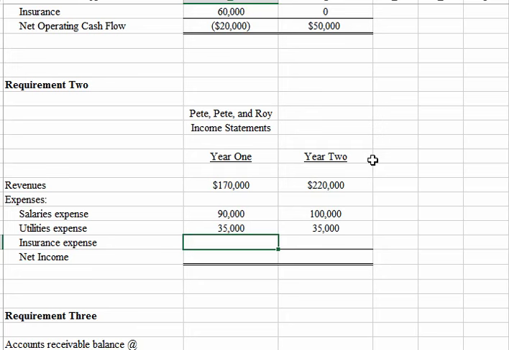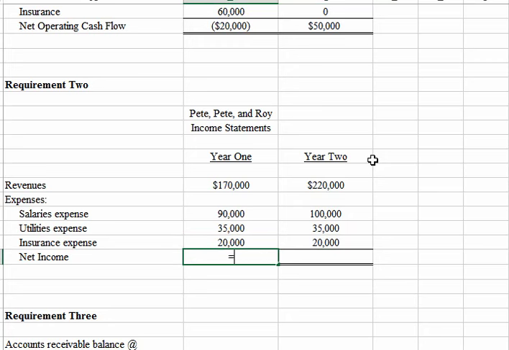Well, if it's $60,000 that we paid for 3 years, our insurance expense would be $20,000 per year, or the $60,000 divided by the 3 years. So our insurance expense for year 1 is $20,000, and for year 2 as well. So our insurance expense was $20,000 both years.